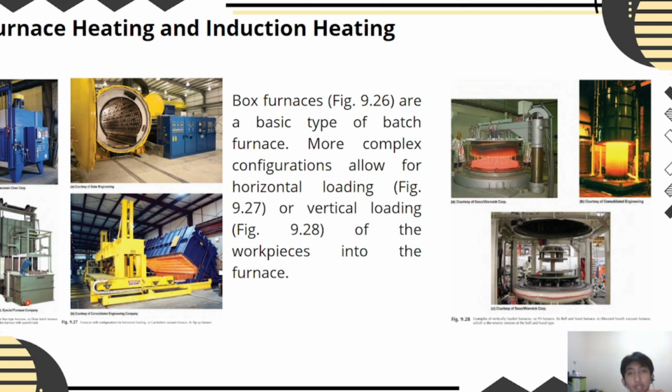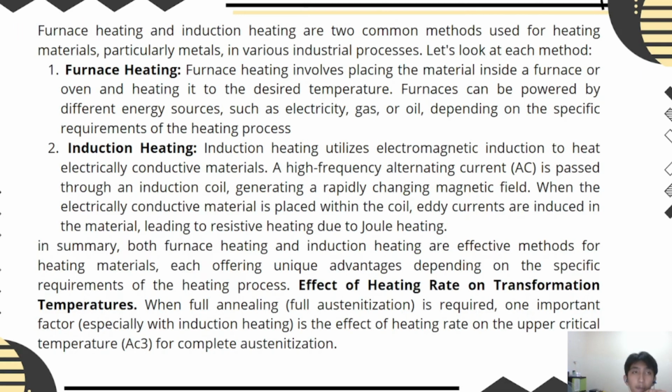More complex configurations allow for horizontal loading, and like the picture, vertical loading of the workpiece into the furnace. Furnace heating and induction heating are two common methods used for heating materials, particularly metals, in various industrial processes. Let's look at each method. The first is furnace heating.